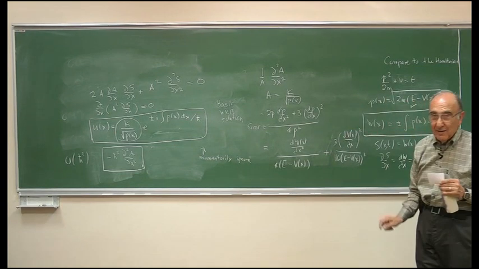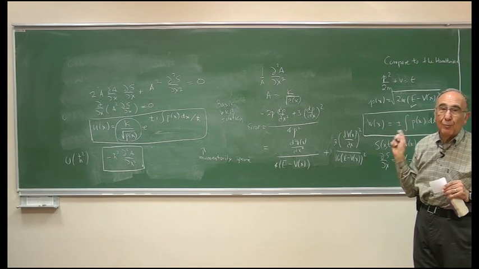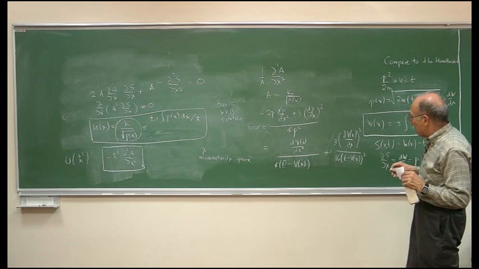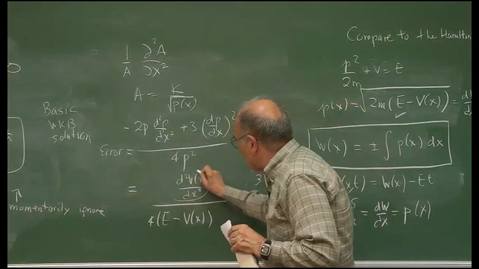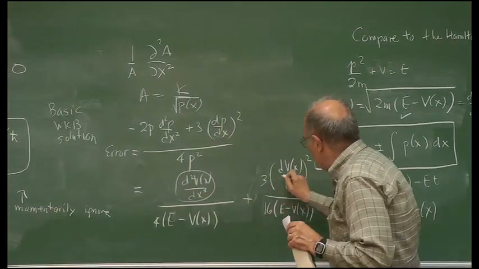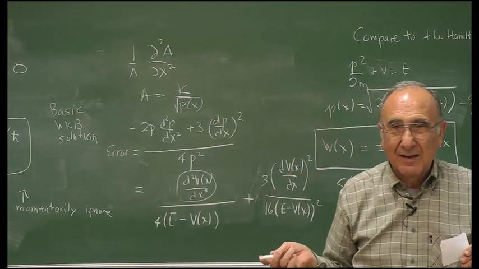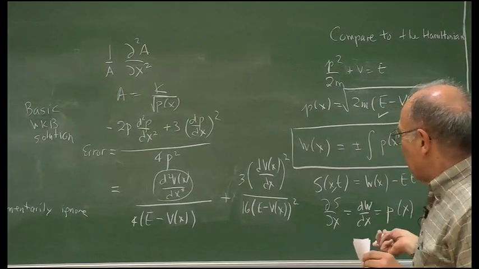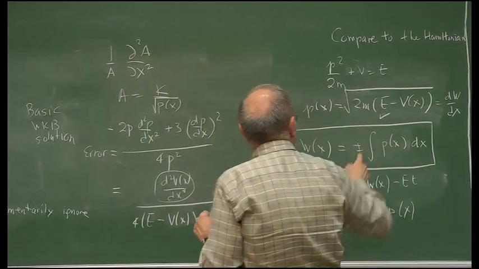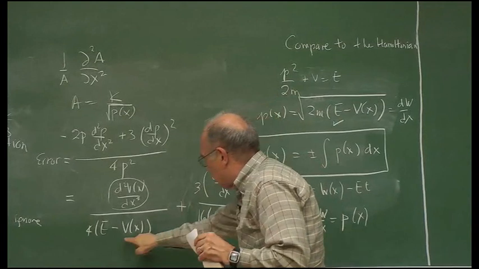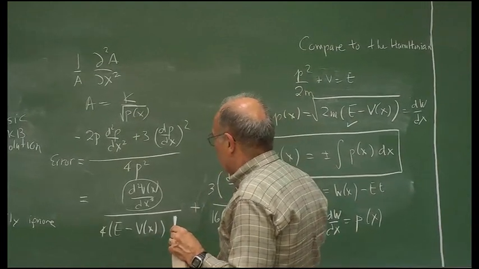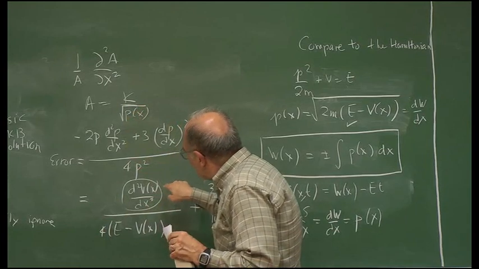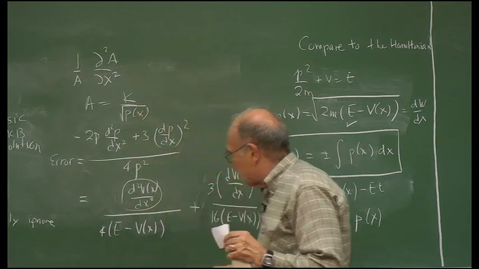Now, let's make two observations here. One is that the errors involve derivatives of the potential divided by E minus V, which is essentially like p, and so we see that a slowly varying potential is required.